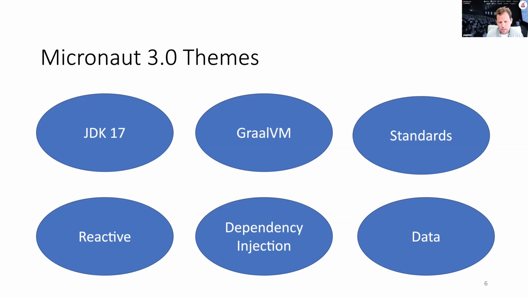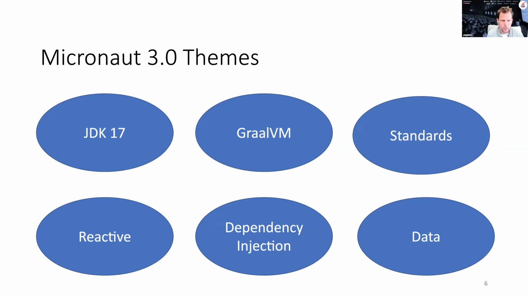And then another theme was reactive. So Micronaut 2 was heavily based on RxJava 2. But we noticed that developers in general are using different reactive libraries, and there are many of them, from RxJava 2 to RxJava 3 to Reactor to relatively newer ones that are coming out. Developers want a choice of reactive programming models and reactive libraries.